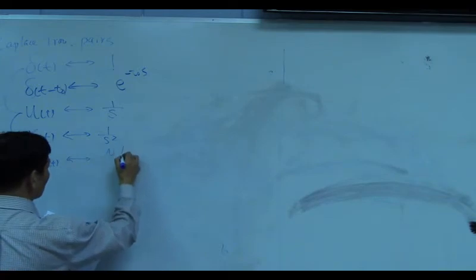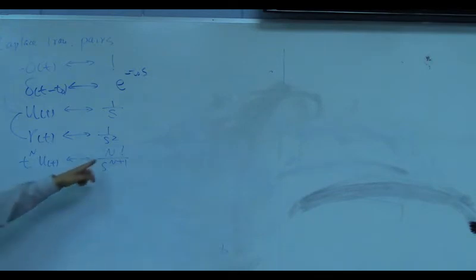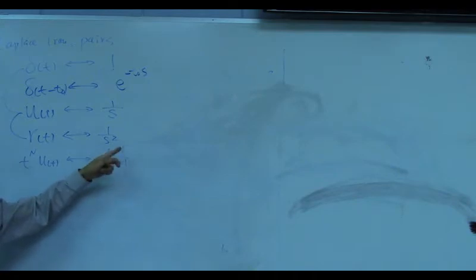Differentiate with respect to s n times, then multiply by negative 1 to the power of n. We know u(t) is this, so the result equals n factorial over s to the n plus 1. What is n factorial? n times n minus 1 times n minus 2 all the way to 1. We just apply differentiation n times to this one, then multiply by negative 1 to the power of n, and we get this.